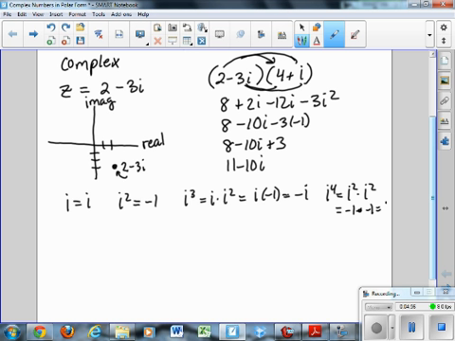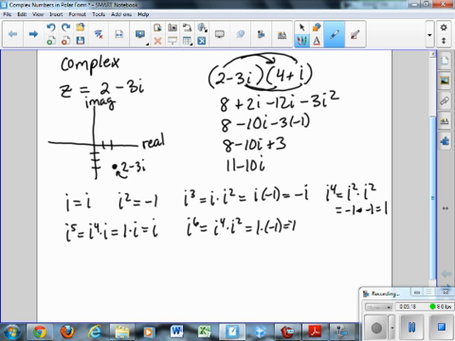Okay, so then what's i to the fifth? Well, i to the fifth is i to the 4th times i, which is 1 times i, which is i. And i to the 6th we can think of as i to the 4th times i squared, which is 1 times -1, which is -1. Do you see that we're starting to repeat ourselves?